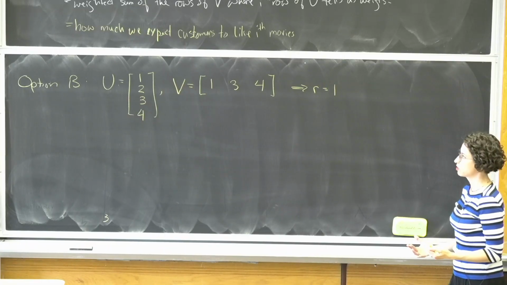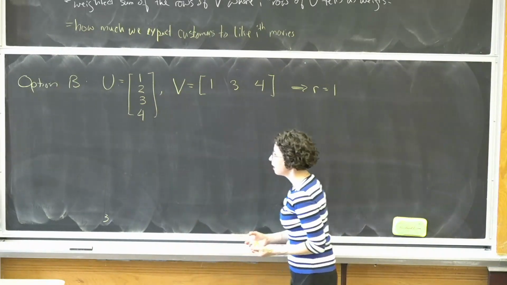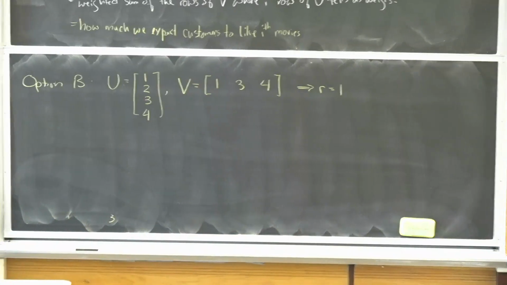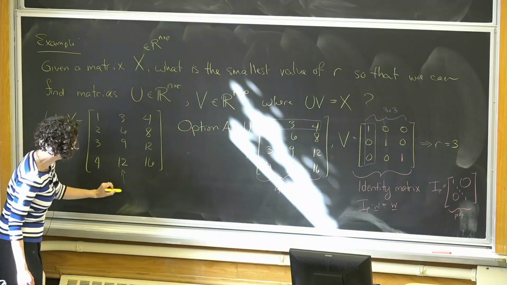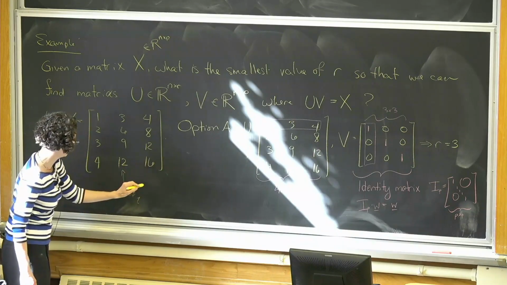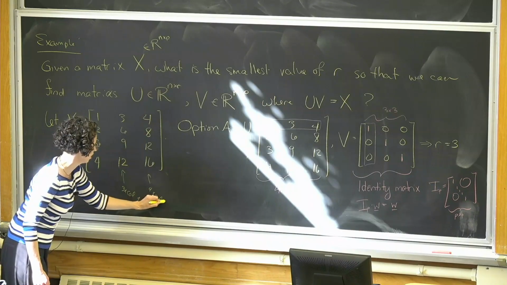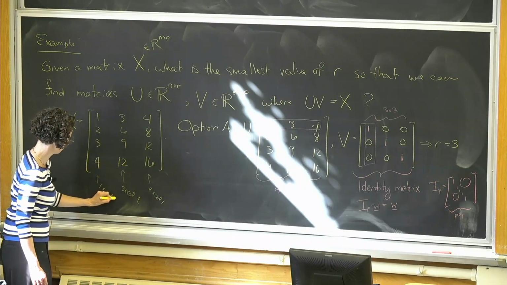So this is a full big matrix, but basically if we look back at this matrix, every column is a multiple of the other columns. This column is equal to 3 times column 1. This column here is equal to 4 times column 1. And this one, of course, is 1 times column 1.